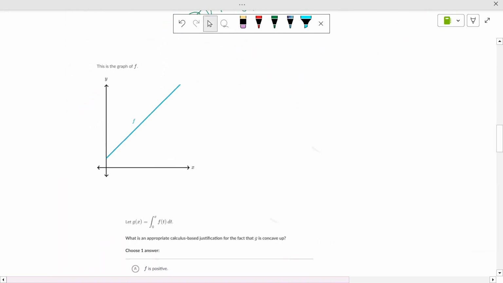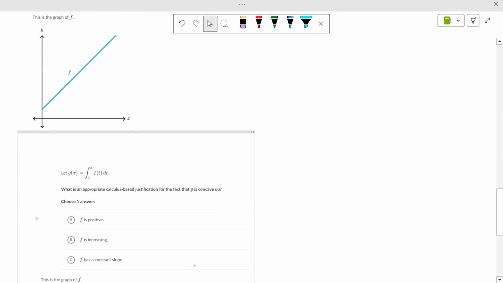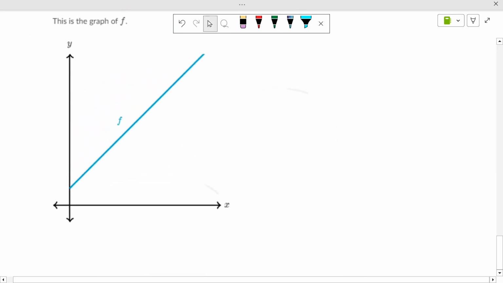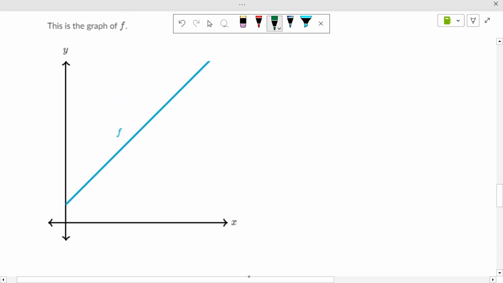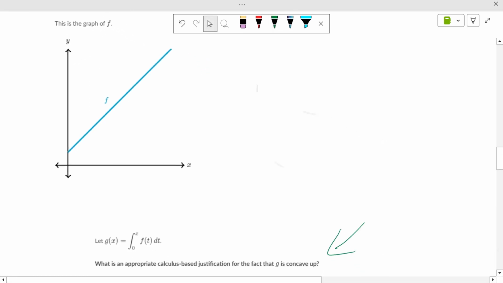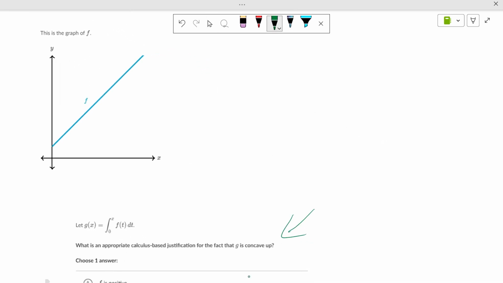Now, this is a graph of f. What's appropriate calculus-based justification that this is concave up? Now, we have to think backwards here. This is the regular function here. Now, if we're integrating it, this is like the derivative. And what would the regular function look like?